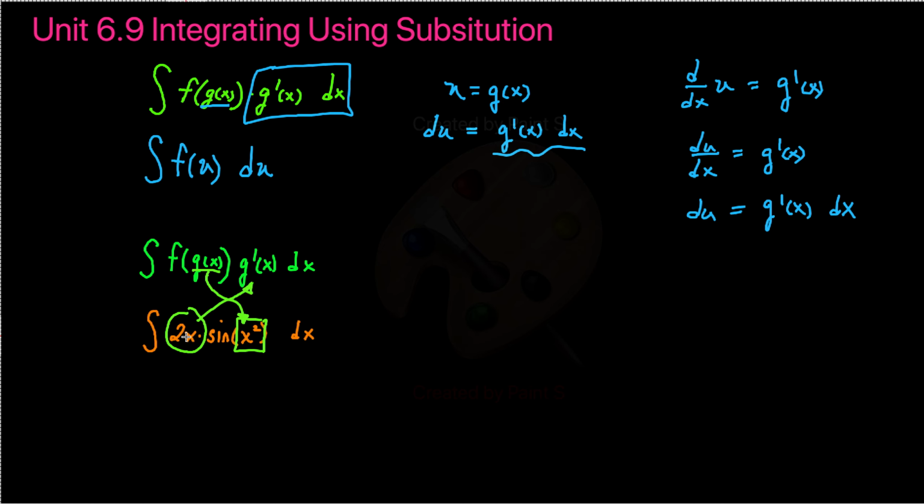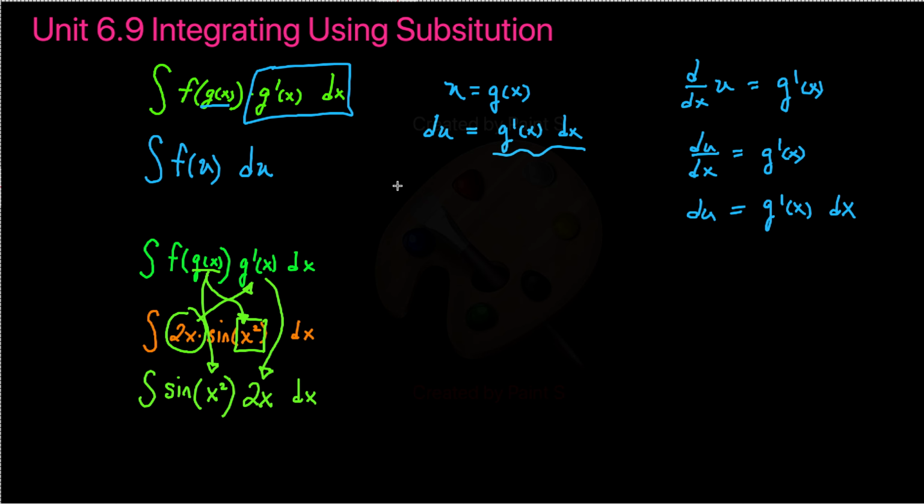So it's just switched around a little bit. This is the same thing as sine of x squared times 2x. I just rewrote this, and then you should see that the g of x is this inside function, f is sine, and then g prime, the derivative of that inner function, is indeed 2x. So this here is indeed of this form.